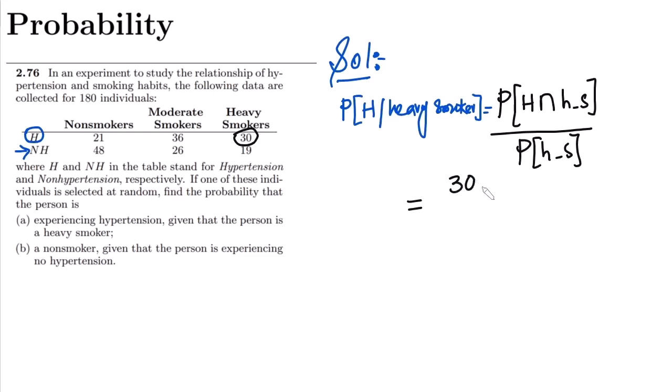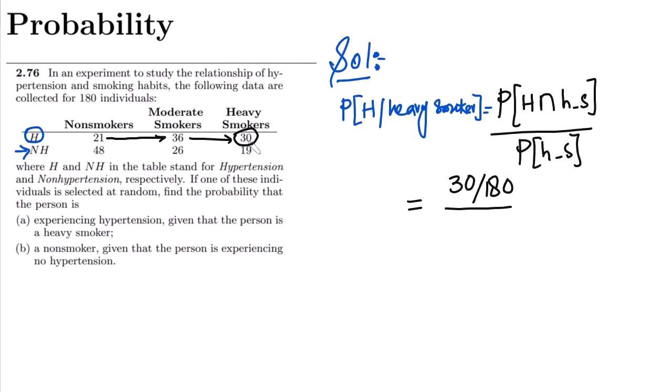So 30 divided by 180 is the probability that a person has hypertension and is also a heavy smoker, because 30 is the number of persons who are heavy smokers and have hypertension as well, divided by the total number of individuals. And now dividing it over the probability of the heavy smoker, how to find it out? We have to add up the persons who are heavy smokers.